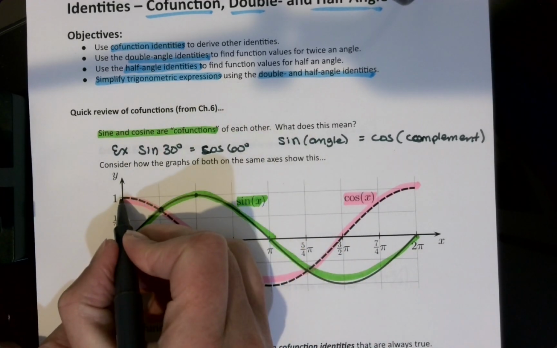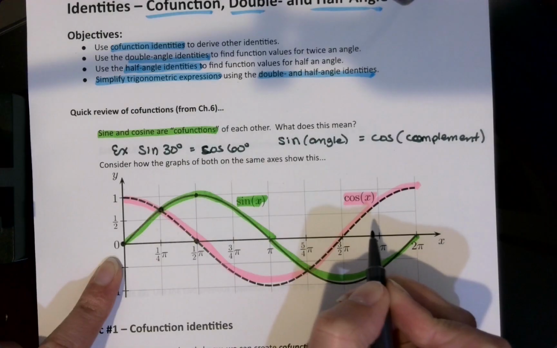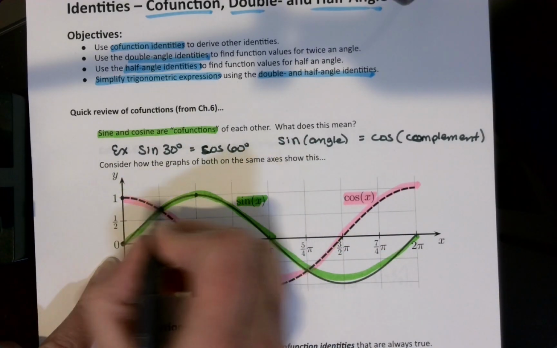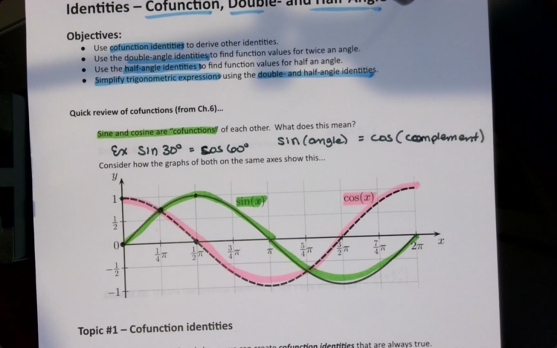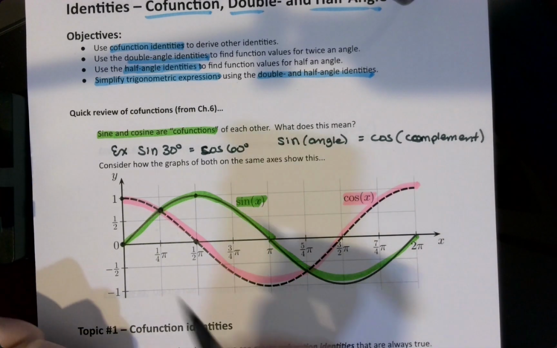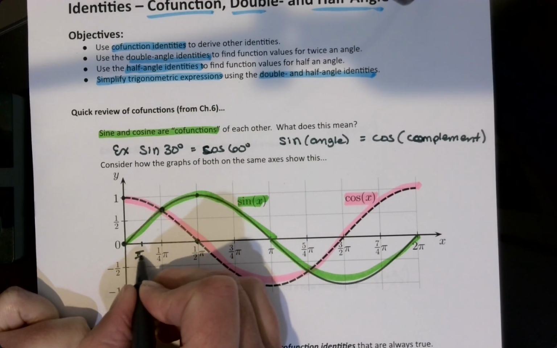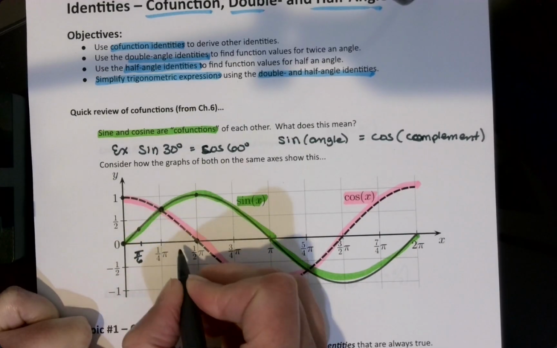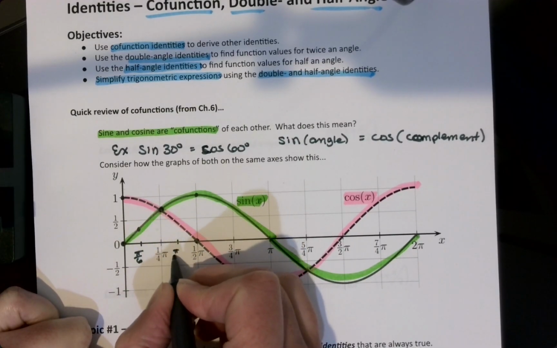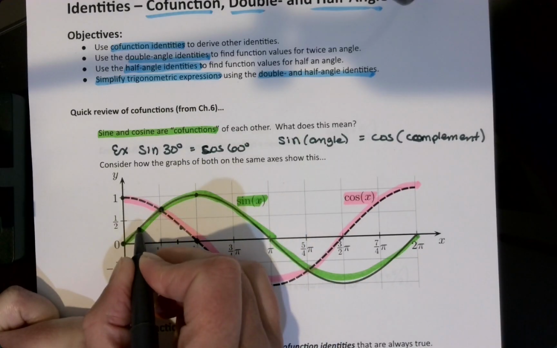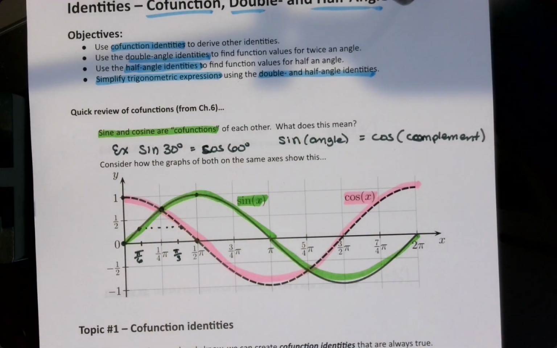And similarly, the sine of pi halves has to match up with the cosine of 0. They're both equal to 1. And I can see this at many other points along the graph as well. If I imagine where pi sixths is, that would have to be equal to the cosine's value at pi thirds, and those are the same heights right there as well.